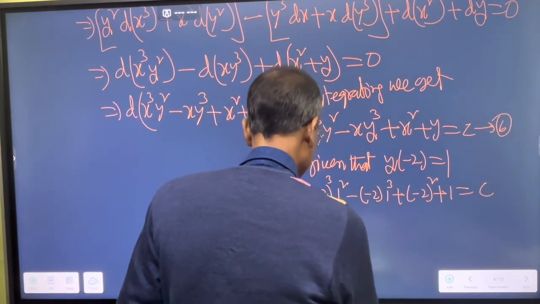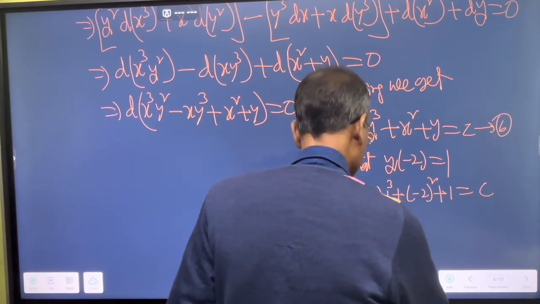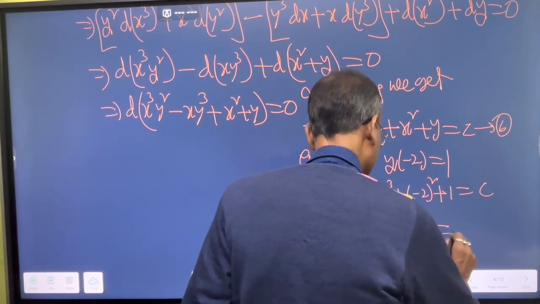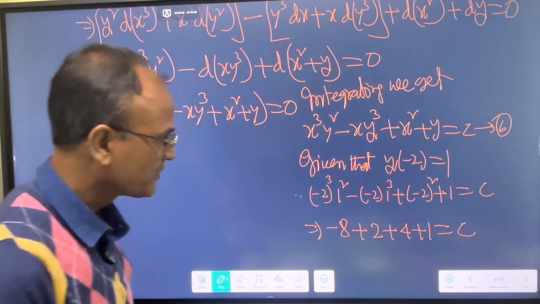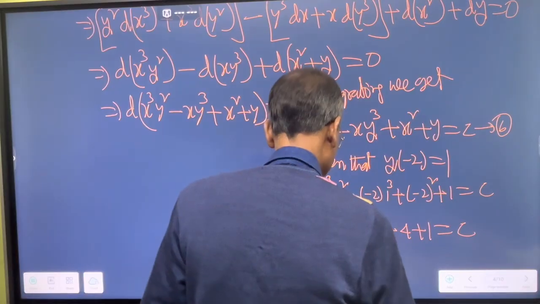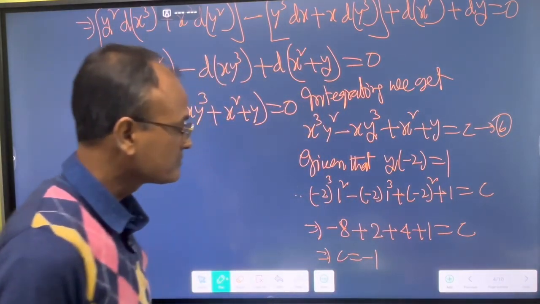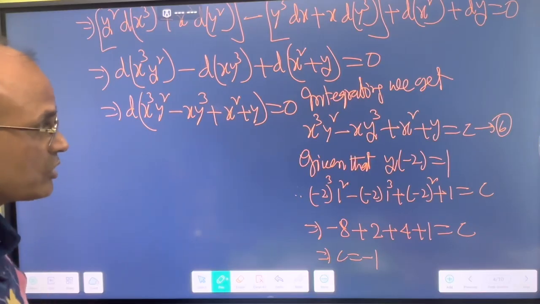Or this is −8 + 2 + 4 + 1 equal to c. This means c is equal to −1.